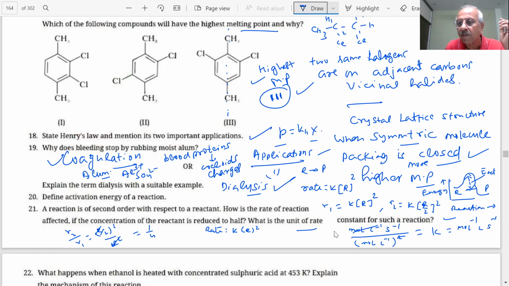So you should know how to calculate units. Important question, student. Such a question is important. Whenever such questions are given, they will be very, very important, because they will ask you to calculate the units of K. We have told you how to calculate, and we have given you a formula to calculate the units, student.